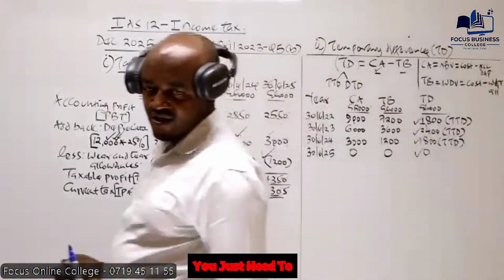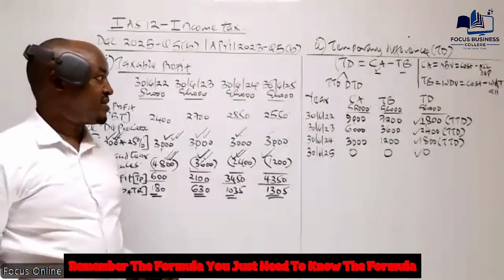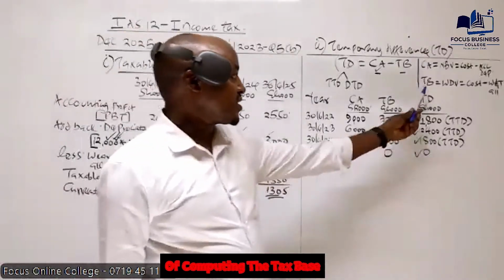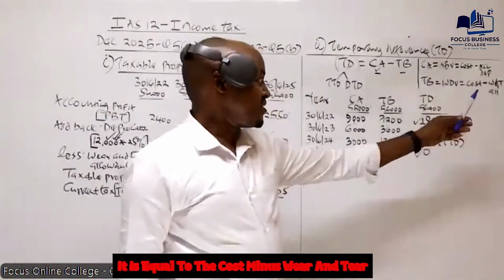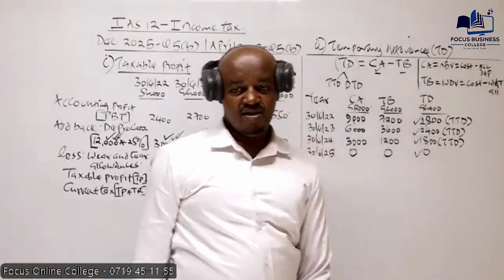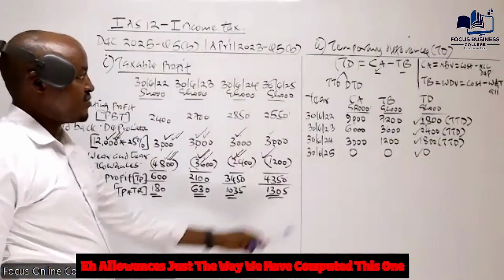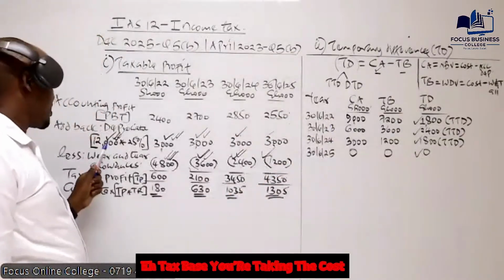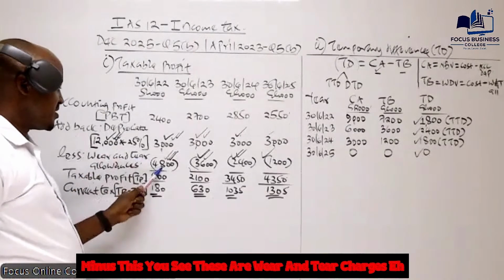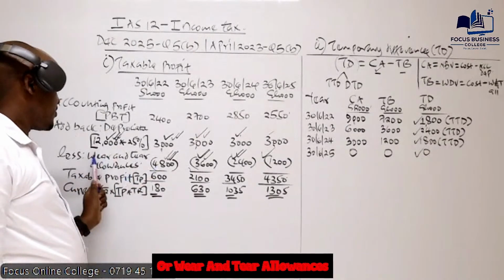Units, you just need to remember the formula for computing the tax base. Tax base, we have said, is the written down value. It is equal to the cost minus wear and tear allowances, just the way we have computed this one. You see these are wear and tear charges, or wear and tear allowances.